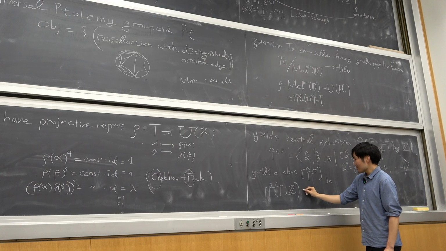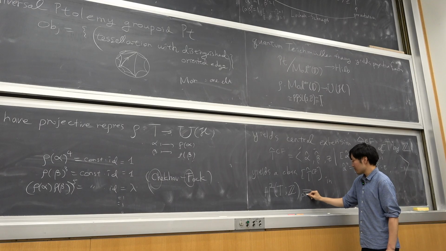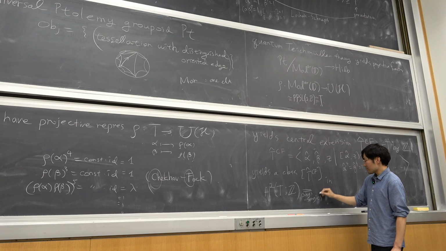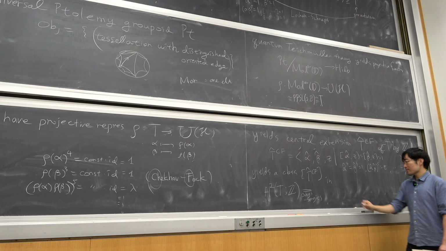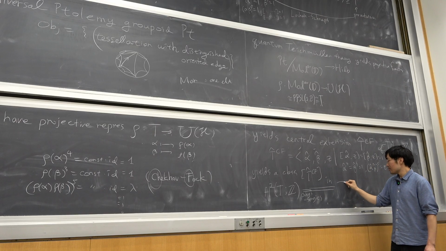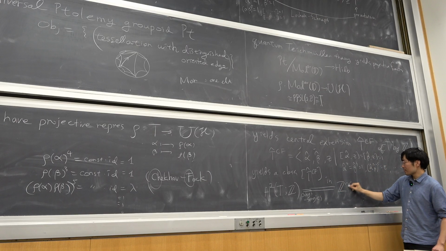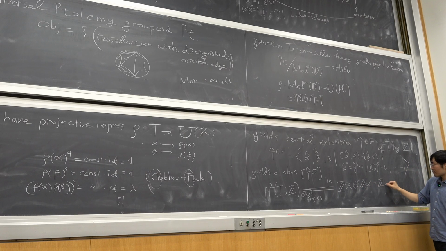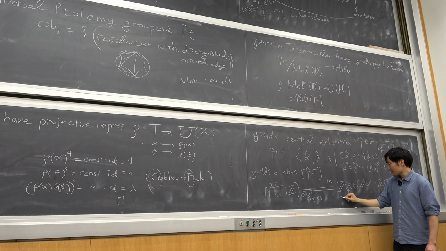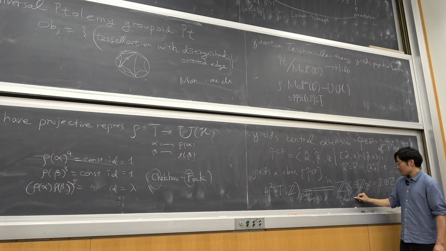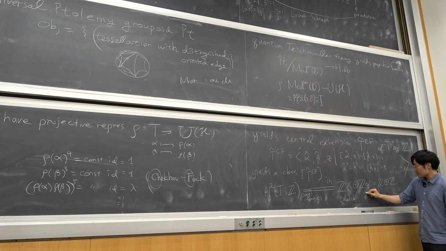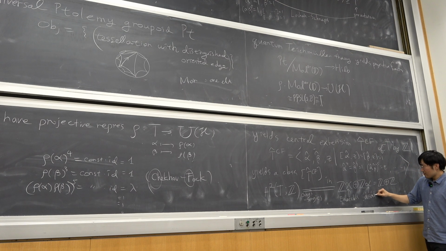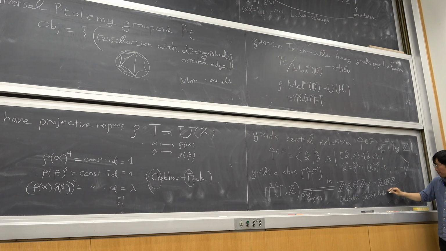And Ghys and Sergiescu say that this is generated by two classes. One is called chi, one is called alpha. So two copies of Z, where this is the Euler class, and this is the discrete Godbillon class.